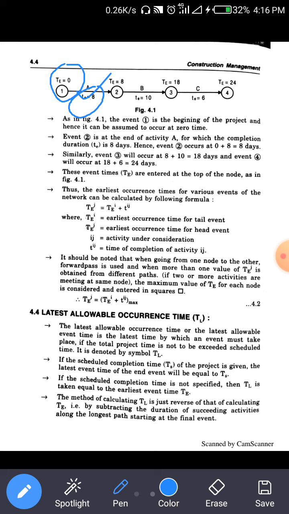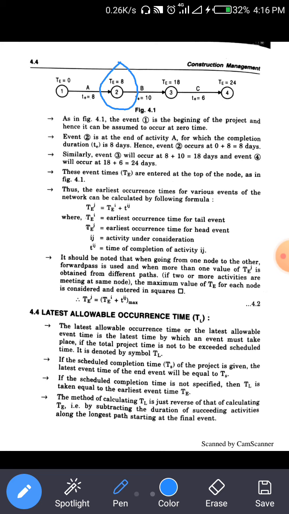So after completion of the activity, another TE value we got is 8. Event 2 is the end of activity A, and the completion duration is 8 days.